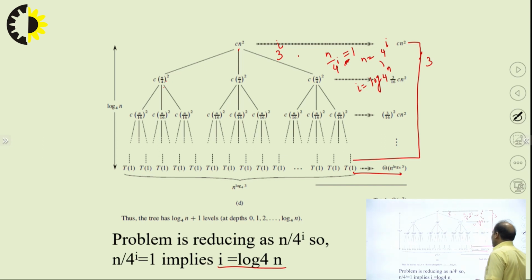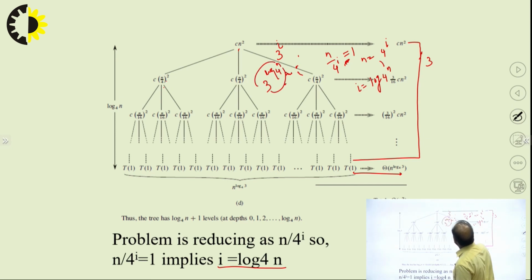If you want to count how many T(1) there are, it is 3 to the power log n base 4. We can change this, so actually it will become n to the power log 3 base 4. That is how we need to know the number of T(1).